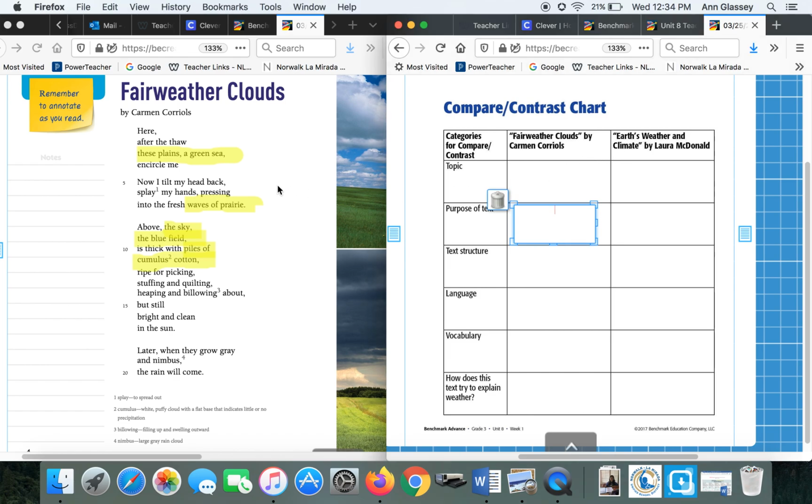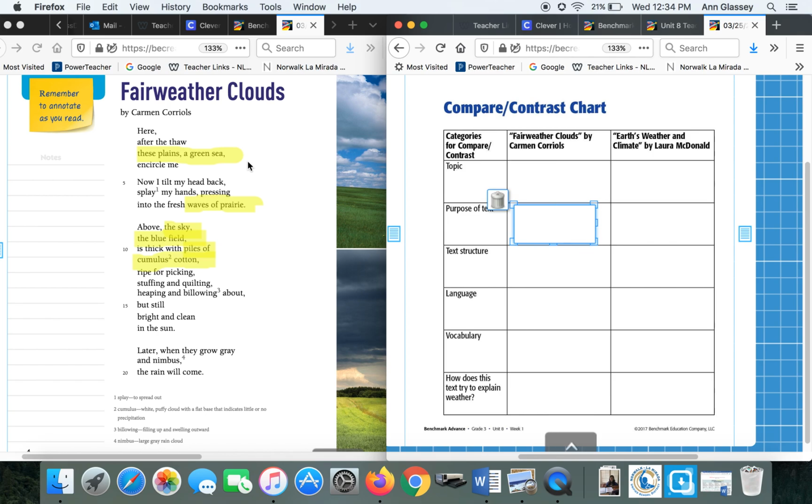Now, what's the topic of fair weather clouds? Well, there's a hint in the title. I wonder what you could write for the topic of fair weather clouds. The purpose of fair weather clouds. Why did the author write this? Was the author trying to make you laugh?